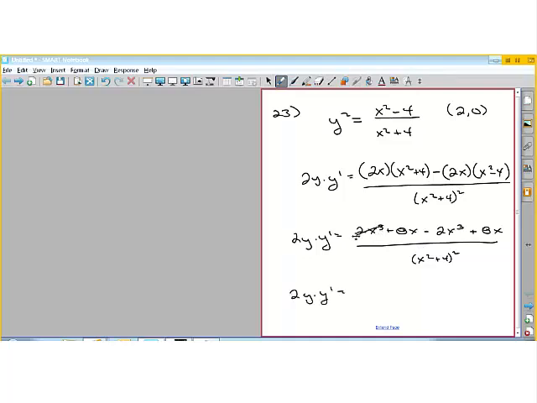Finally, combining like terms, these cancel out. 8 plus 8 is 16, so we get 16x divided by x squared plus 4 squared.